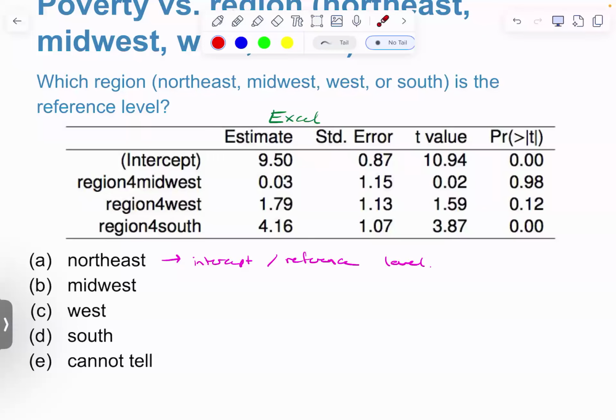So what does that mean? We can rewrite this model using these estimates for the coefficients. So these estimates are coefficients.